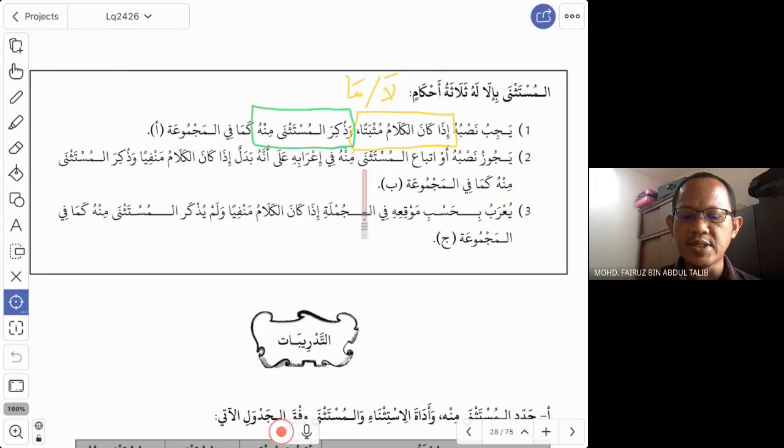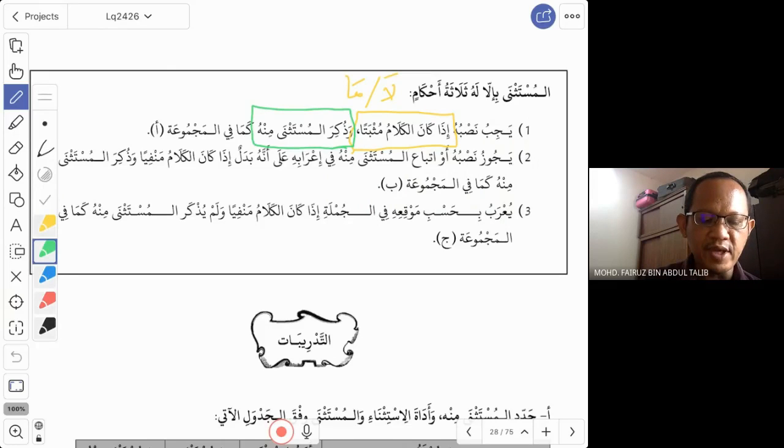Itba al-mustasna minhu fi i'rabihi. Itba here means to follow the mustasna minhu in terms of its i'rab. I'rab here is referring to the hukum mansub, marfu' and majrur.